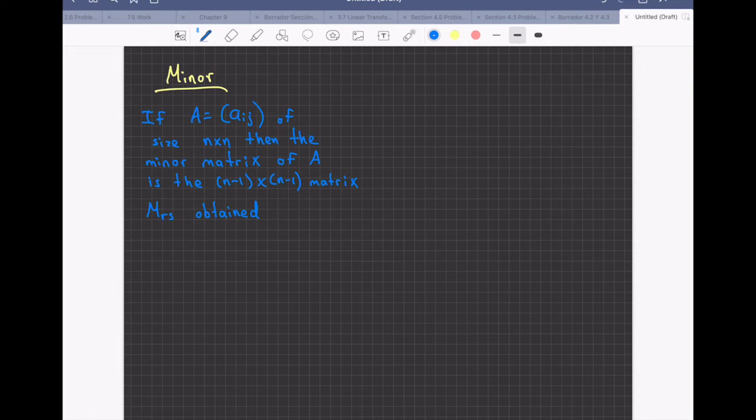If we have a matrix with size n by n, then the minor matrix of A is the n minus 1 times n minus 1 size matrix M_rs obtained from removing the rth row and the sth column.